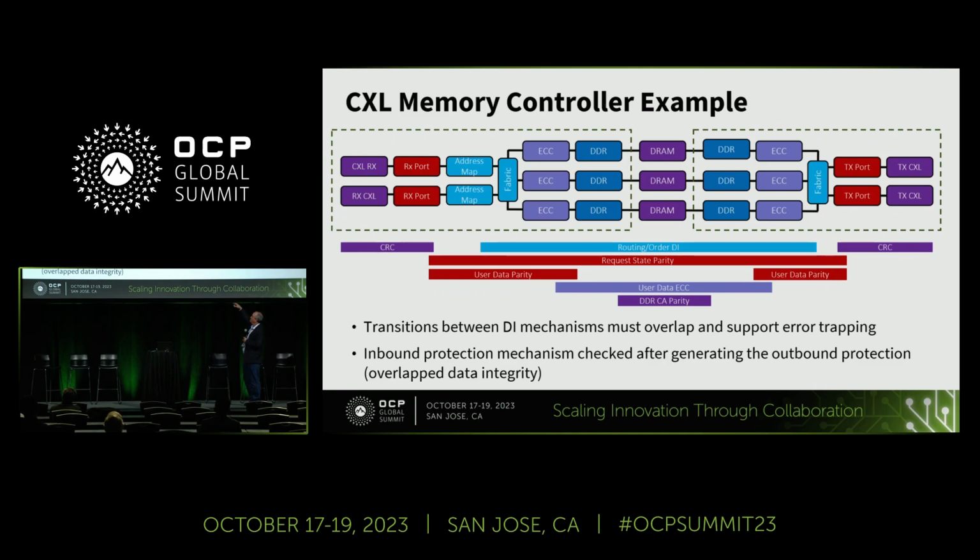And it's more than just ECC, because from an ECC point of view, that gets us data protection of the data through DRAM. But there's a probability of that data being misdirected because of a timing error in the DDR. So you add additional data integrity on that, again with watermarking or extended Reed-Solomon messaging.